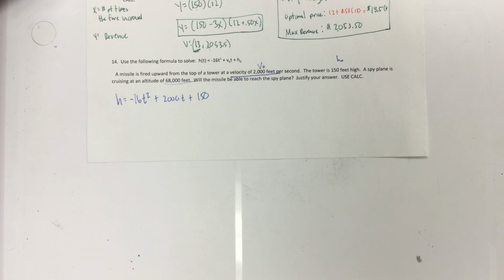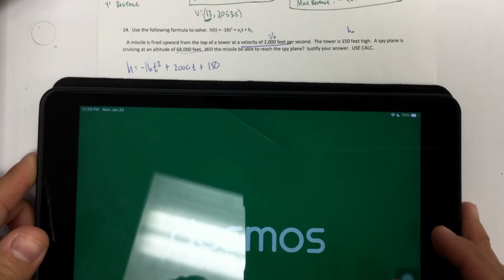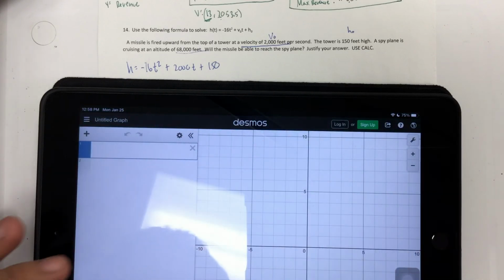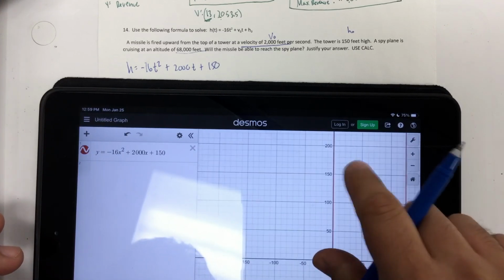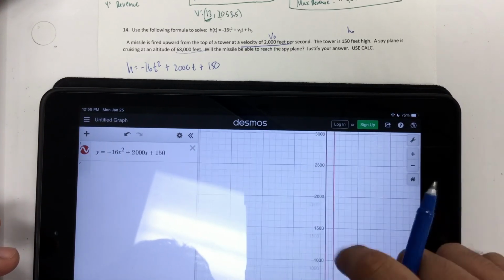So let's go ahead and plug that into Desmos real quick. So we have y equals negative 16x squared plus 2,000x plus 150.